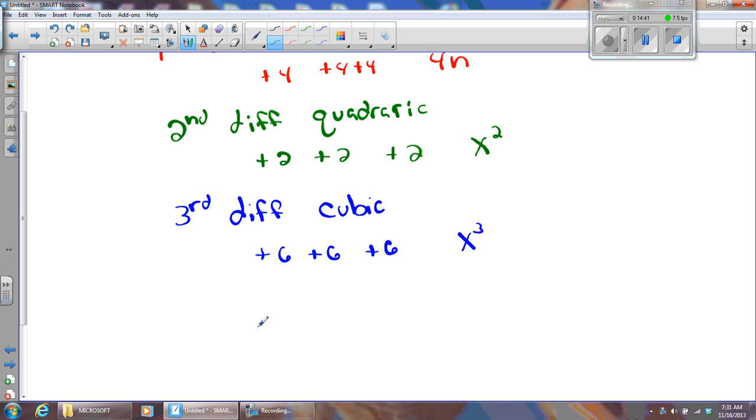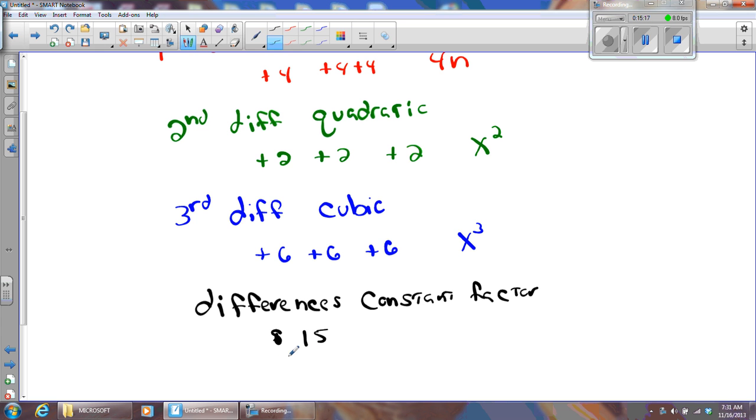When the differences are being multiplied, have a constant factor, like times 7 every time.